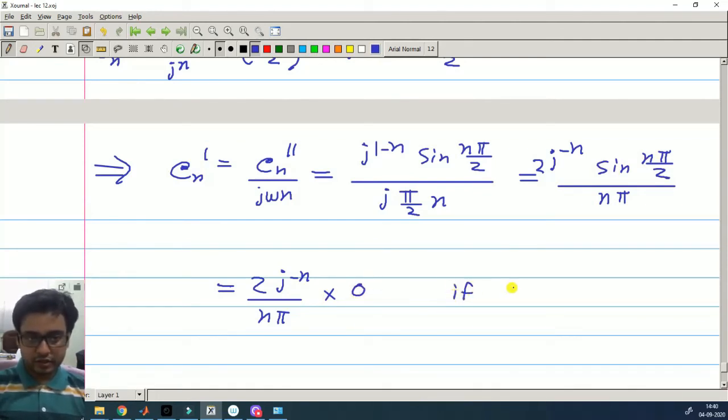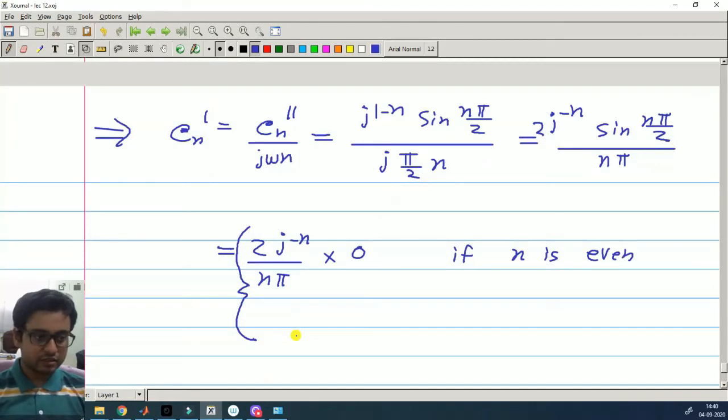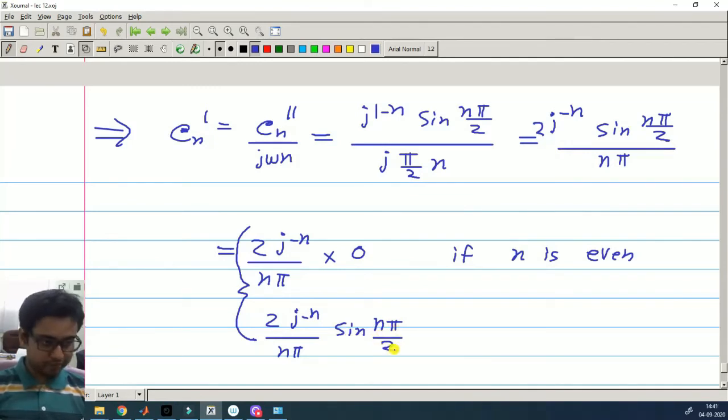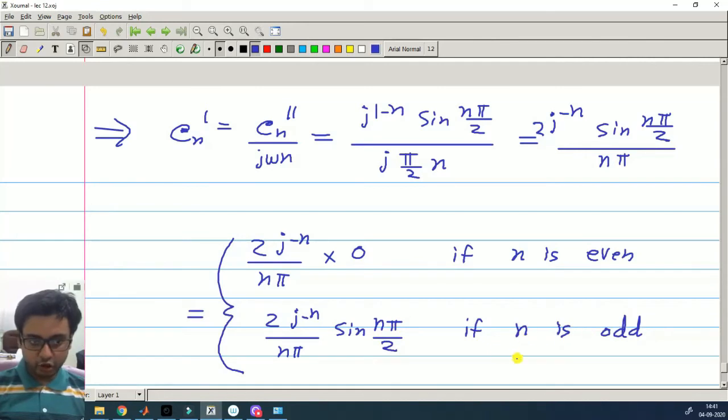If n is even, and otherwise we will have 2 j to the power minus n by n pi, and this will be sine n pi by 2. Okay, now n is odd, means n equal to 1, 3, 5, 7, etc.